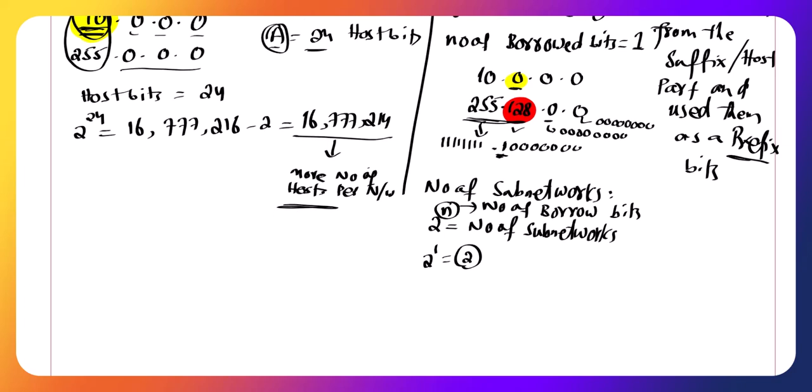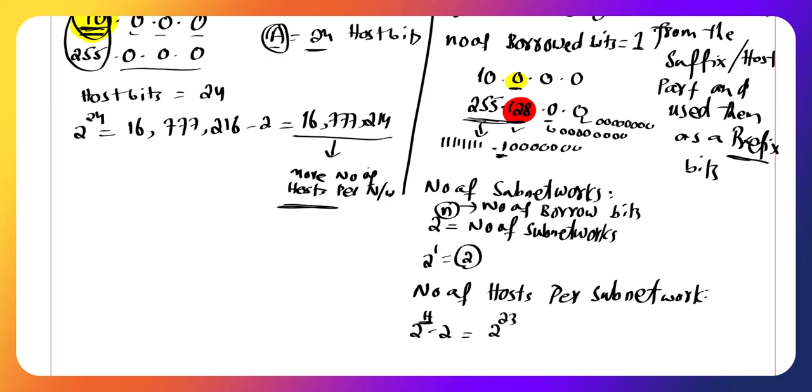The number of hosts, before it was this much, now 2 power h. Number of hosts per subnetwork. Remember, before we were using number of hosts per network, now we will use number of hosts per subnetwork. 2 power h minus 2. What is the h value? 2 power 23 minus 2. Before it was 24, so 24 minus 1 is equal to 23.